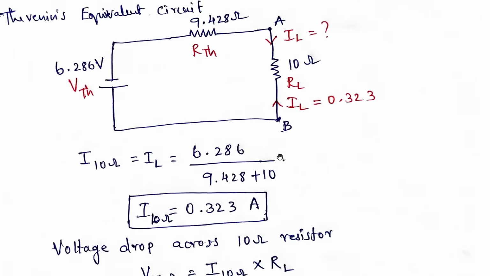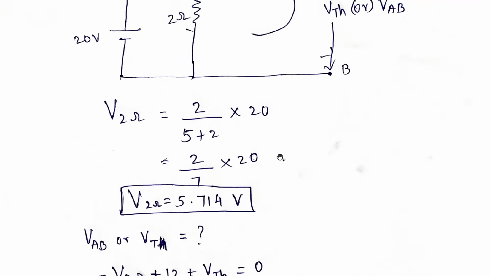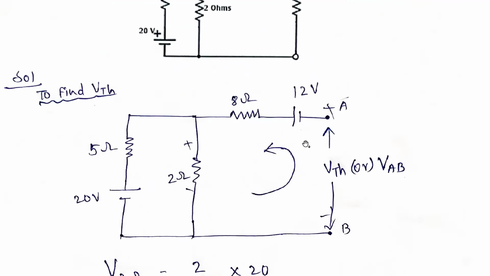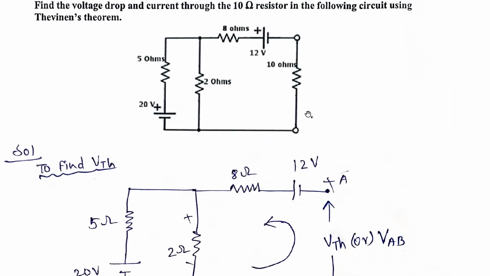So like this, we need to solve this problem. We need to be very, very careful in this particular area, because the current is zero, but the voltage source is there. If the voltage source is not there, there is no need to consider this particular loop itself. You can simply neglect this loop, find out the voltage across this point, and easily solve the problem. But here the voltage source is there, so you need to be very careful while solving this kind of problem.